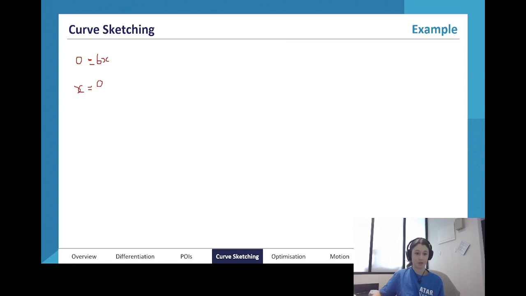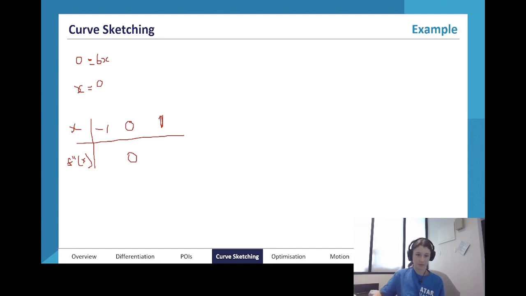So again, we're going to do a table of values. So we're going to have x. We're going to have our second derivative. Our point is going to be 0, and at this point our second derivative is going to be equal to 0. Now we're just going to pick two values on either side, pick 1, and we're going to determine the value of the second derivative.